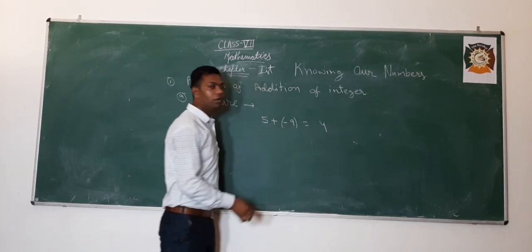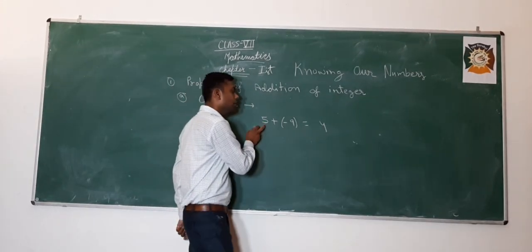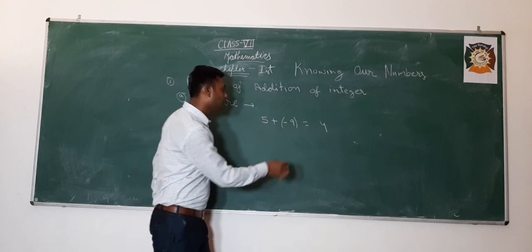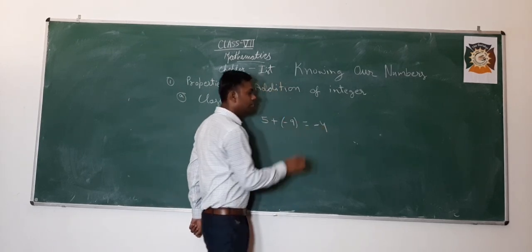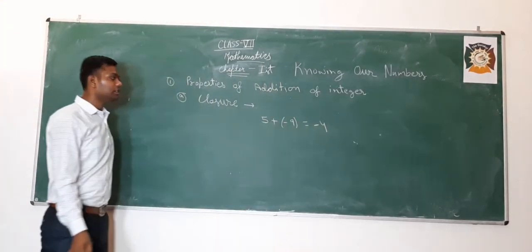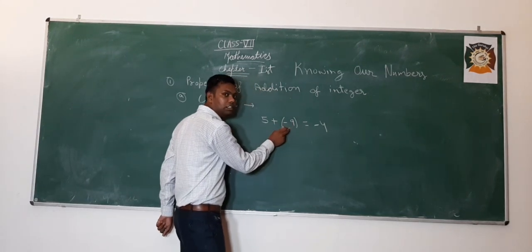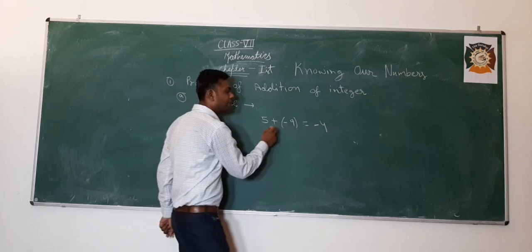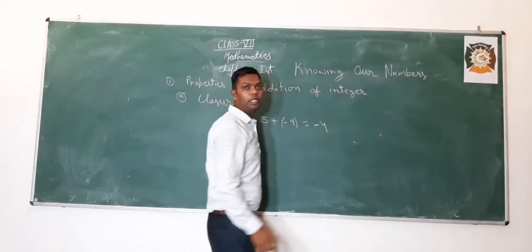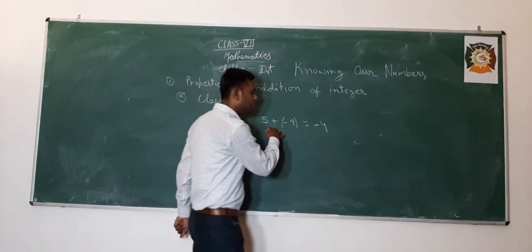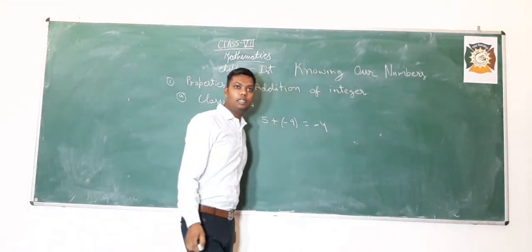First of all, you have to find the difference of their absolute values. It's 4 and the greatest absolute value is 9. So put the sign of the one which has the greatest absolute value, minus 4. 5 is an integer, minus 9 is an integer. If you add that, what do we get? Minus 4. Minus 4 is also an integer. That is, if you add two integers, we get also an integer.